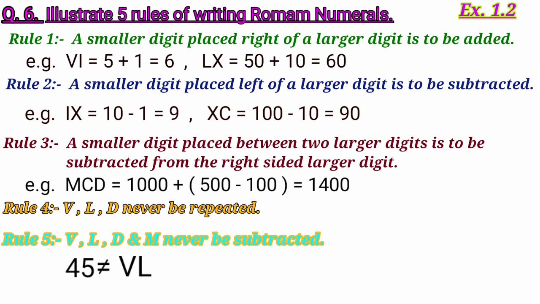That's why 40 and 5 we will write. How is it? It is XLV. We cannot write 45 as VL, as V cannot be subtracted. Similarly, L, D and M are also never subtracted. These are the 5 rules.